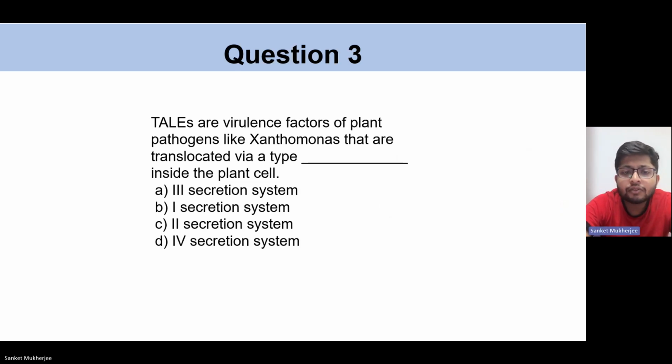TALEs are virulence factors of plant pathogens like Xanthomonas that are translocated via a type dash secretion system inside the plant cell: type 3, type 1, type 2, or type 4. We'll give a minute for people to think about the answer.